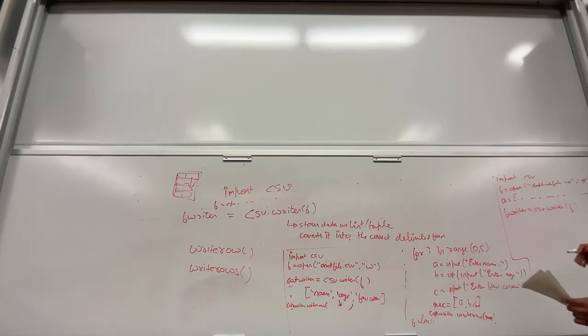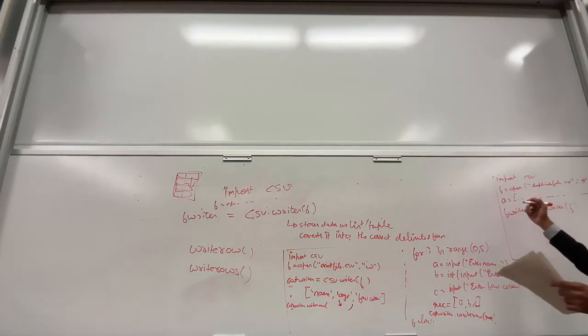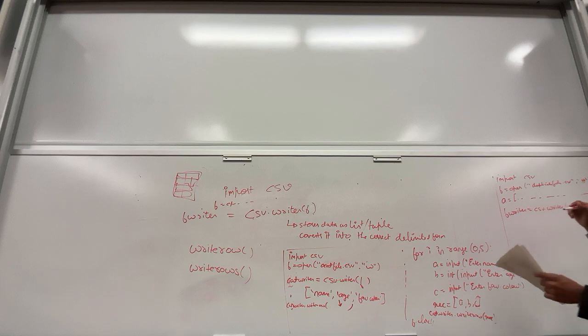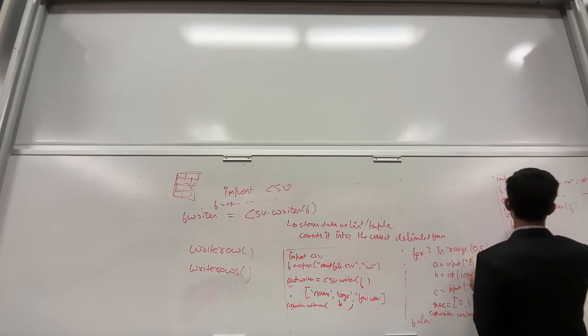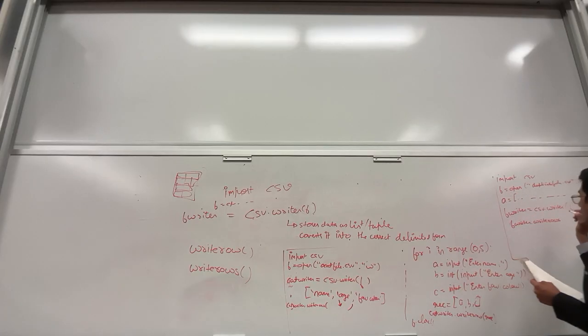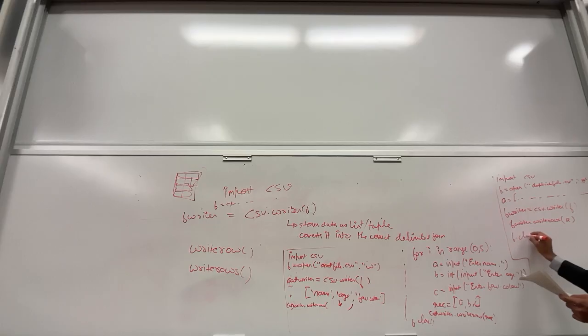Okay, now what? Well, since I have all the data with me, I'll simply say f writer dot writerows, and in the parenthesis, I'll simply write A and conclude it by writing f dot close.